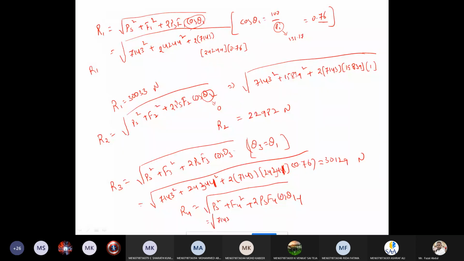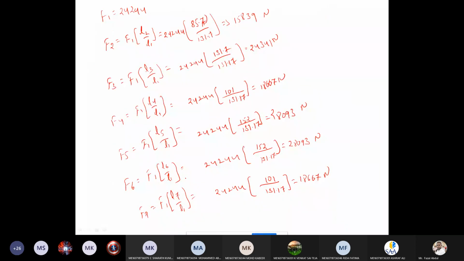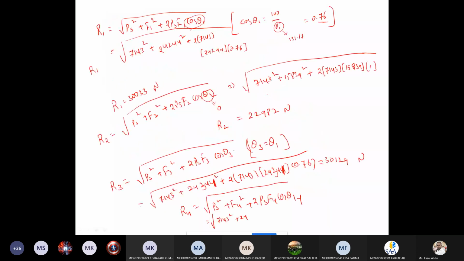7143 square plus F4, how much? F4 is 18667. 18667 square plus, how much, Babu? R4 is 25758. 25758. Very good. Now in the same manner, tell me the R5 value, R6 value, R7.